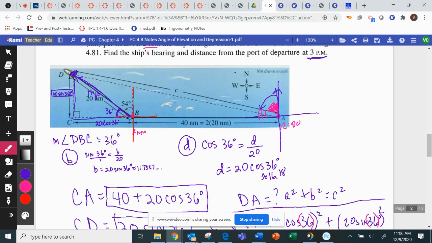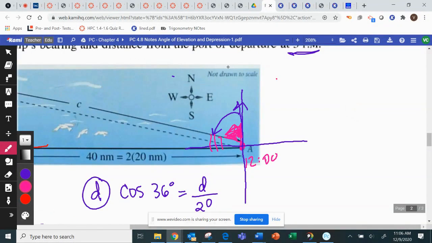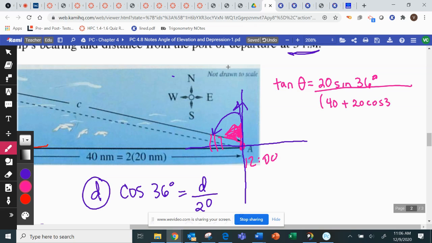So which trigonometric ratio should I use? Tangent. So we're going to do tangent of the angle I'm trying to solve for equals the opposite, which was 20 sine 36, divided by the adjacent, which is parenthesis 40 plus 20 cosine 36.